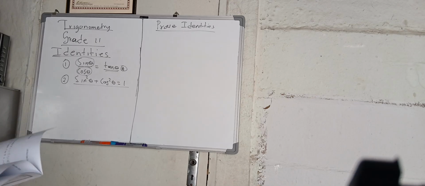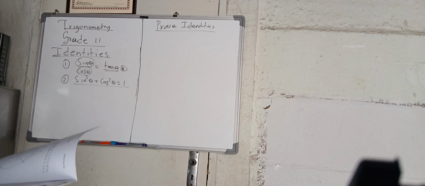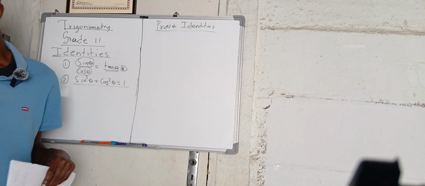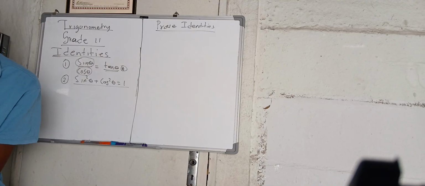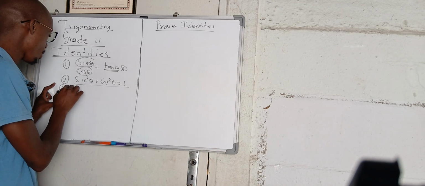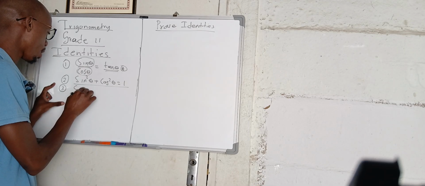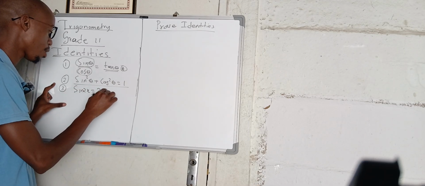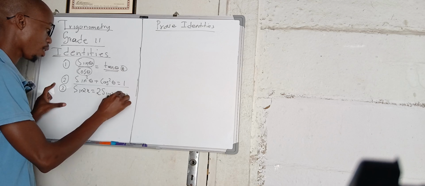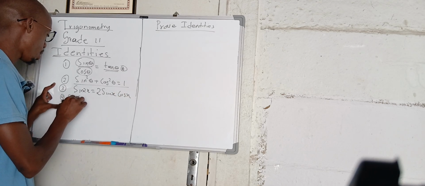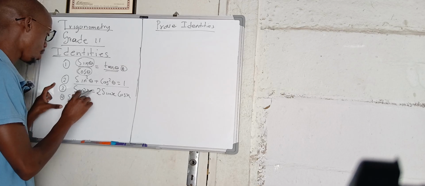This one is of grade 12. I might as well just mix it. Grade 11 and 12, it's fine. In grade 12, let me just mix this thing and write something here. Grade 12, we have sine 2x. X can be a theta or something, so it has to be 2 sine x cos x. 4: sine a plus b.